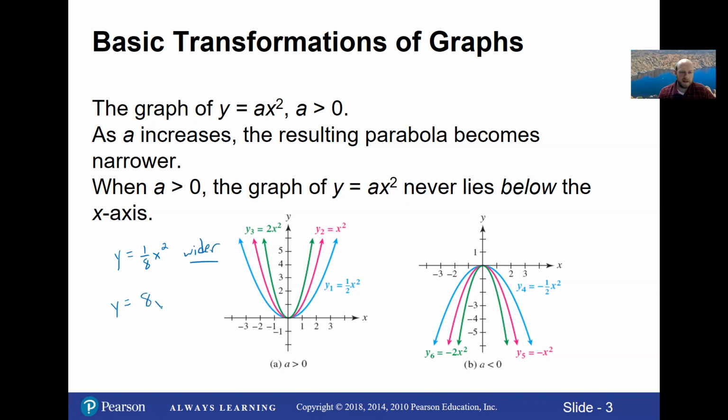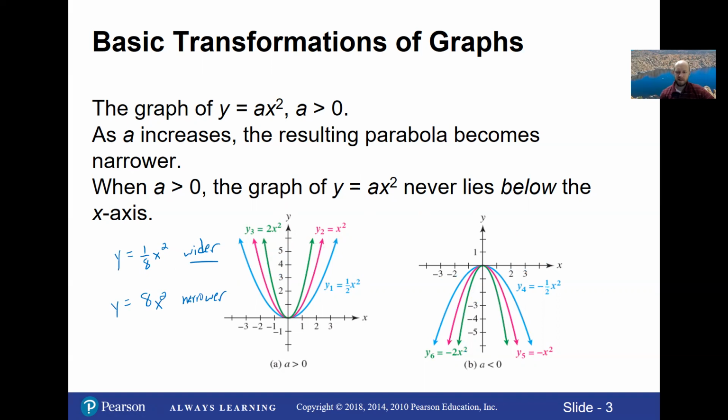But if I have y equals 8x squared, this is going to be narrower. It's going to be really close to the y-axis, getting narrower and longer here. Now if we have y equals a negative x squared, we learned last section that that's going to flip it, so it's facing downward instead of upward.